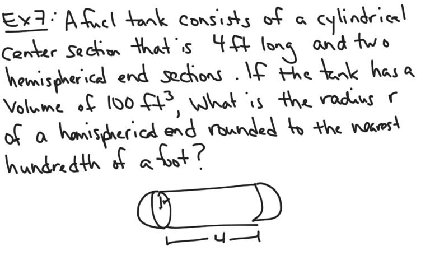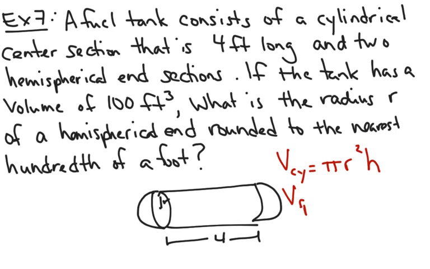Well, since they gave me the volume, I need to know the formula for the volume of a cylinder, and those 2 hemispherical ends, if you put them together, they're one sphere. So I also need to know the volume of a sphere. The volume of a cylinder is pi r squared h.